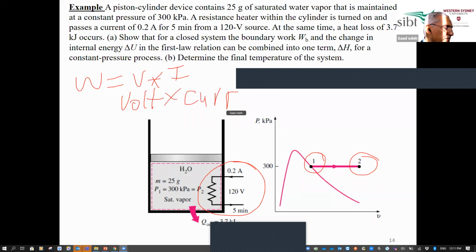Okay, this is from physics. So this is to find out the P, power, they call it in electricity or in kilowatt.